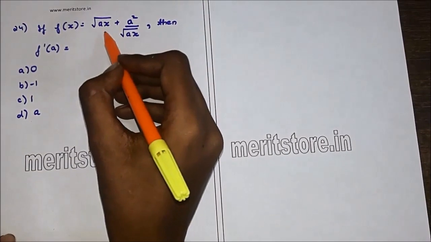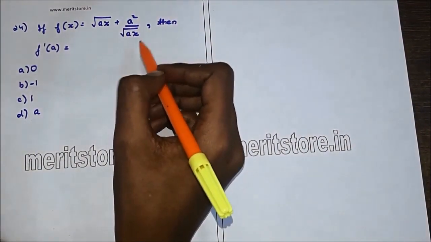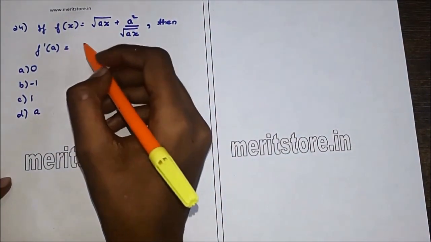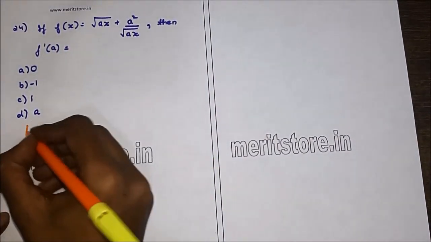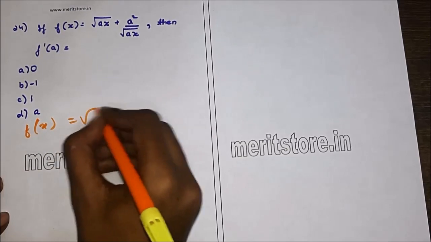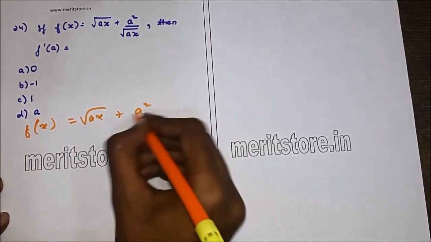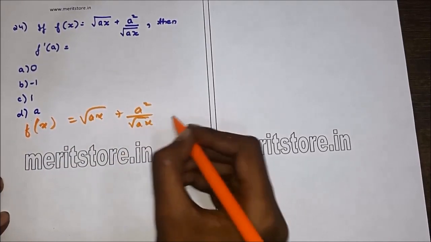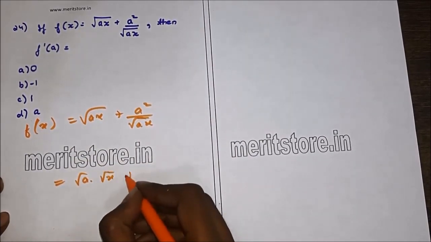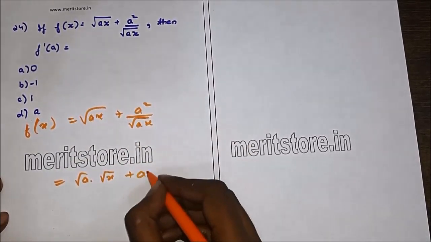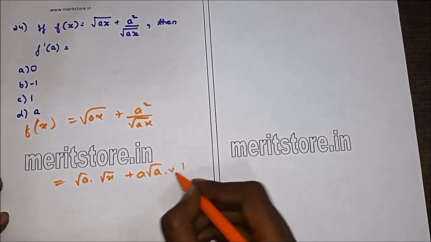If f of x is root of ax plus a square by root of ax, then the value of f dash of a is, the options are 0, minus 1, 1 and a. So first f of x is root of ax plus a square upon root of ax. First we simplify this term, so we get root of a into root of x plus a square by root a, which can be written as a root a, so into 1 by root x.